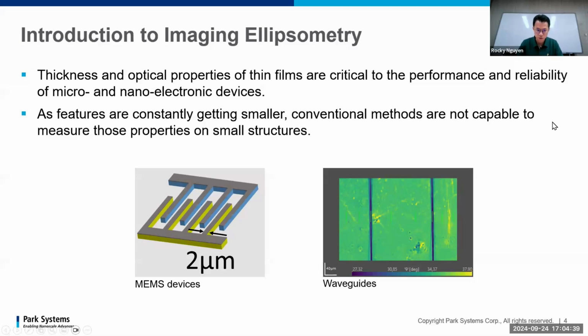And as the features are getting smaller and smaller, like MEMS or NEMS devices, the conventional methods are not capable of measuring those properties properly at the nanostructures. For example, we have some MEMS devices or some waveguides, which are at a very small scale, micro or nanoscale, which is typically not accessible by the conventional characterization methods for optical properties or thickness.